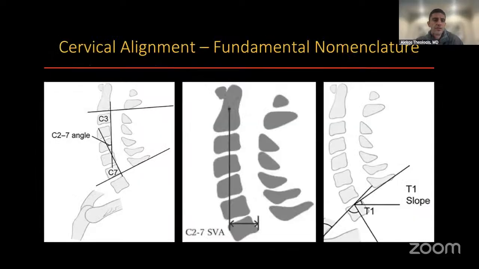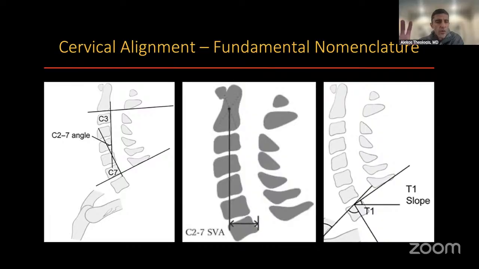So, a 1,000-foot overview of cervical alignment. There are three major parameters that I think are key to understanding this talk, but also to keep in mind when looking at these types of patients. The first, on the far left, is the C2 to 7 Cobb angle. The middle image talks about the C2 to 7 SVA, which is drawn as a distance from the posterior superior corner of C7 and a horizontal to the plumb line of C2.